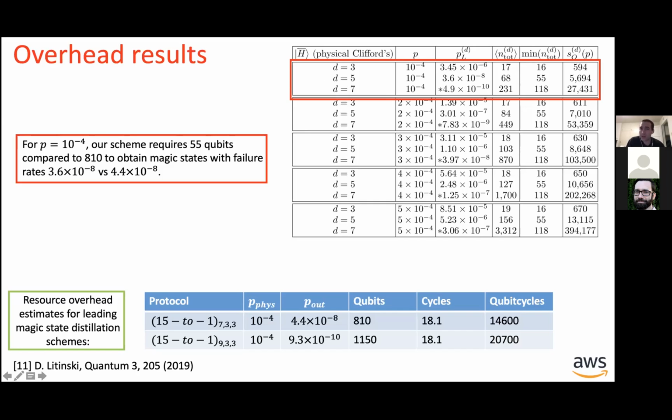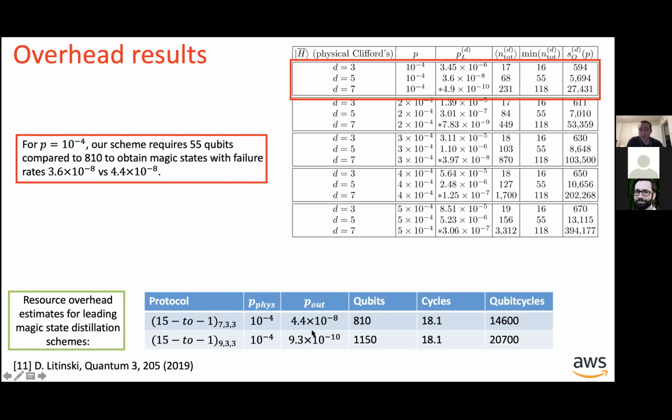I want to compare these numbers to the best known magic state distillation schemes. The numbers that you see in the table on the bottom of the screen were obtained from a paper by Daniel Litinsky, which had very highly optimized magic state distillation protocols, where he's optimizing over the distance and the layouts to use the fewest resources possible to prepare magic states with failure rates similar to the ones I'm showing you at the top.